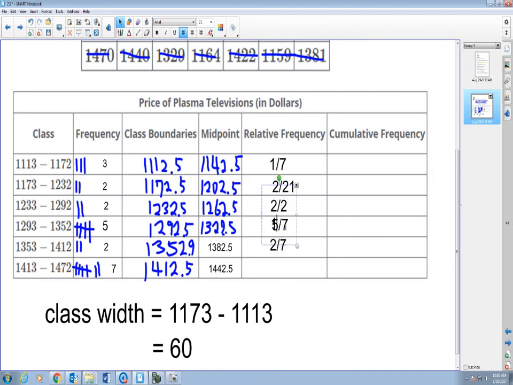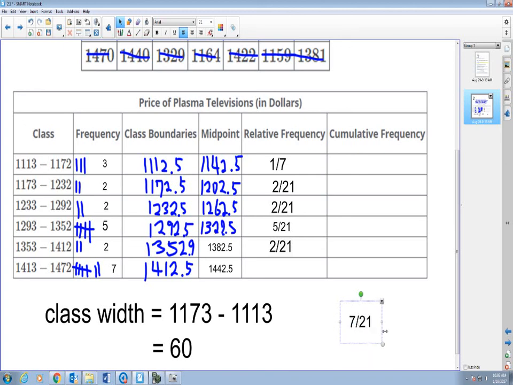Keep on messing up. 5 out of 21. 2 out of 21. 2 out of 21. 5 out of 21. And 7 out of 21.